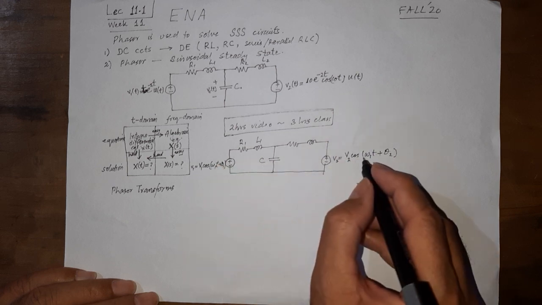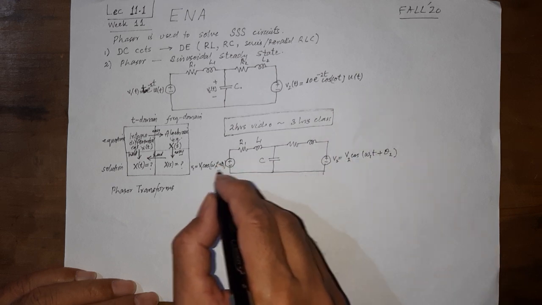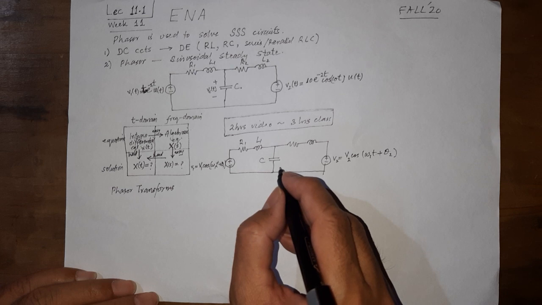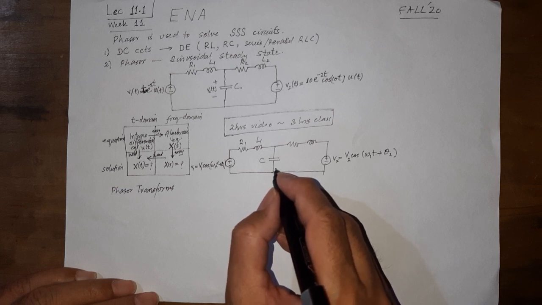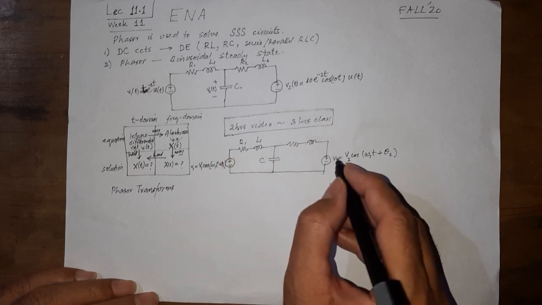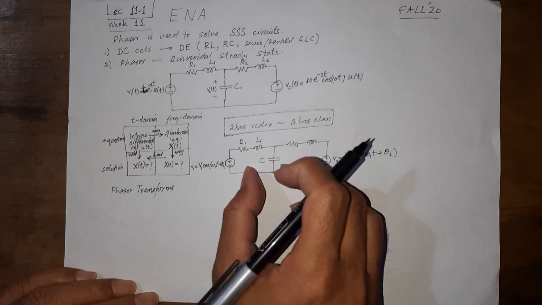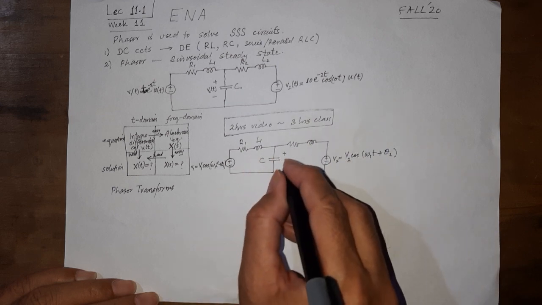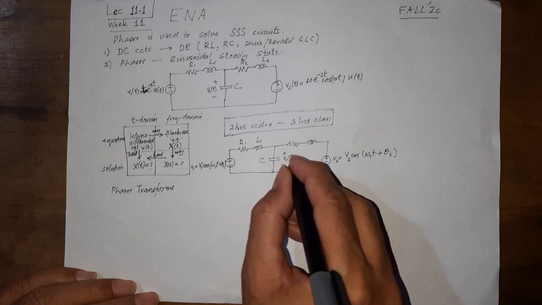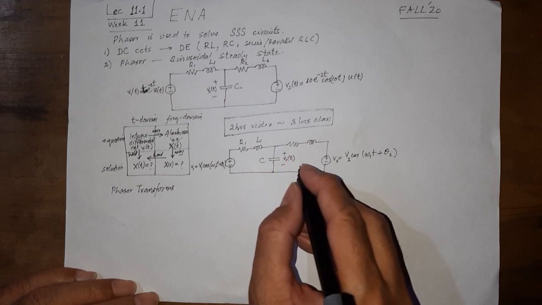If they have different frequencies, by the way, then this circuit can only be solved using superposition. Take one source at a time, short the other one, take this one, short this one, and find the solution for both the sources separately and then add together.